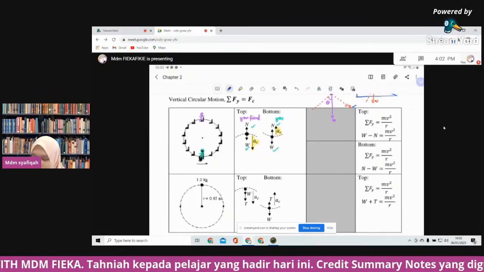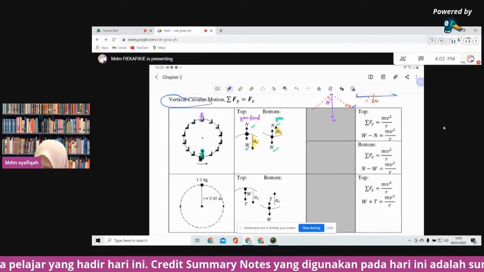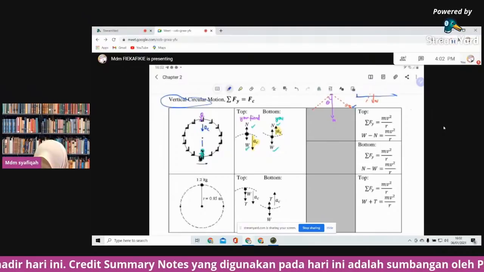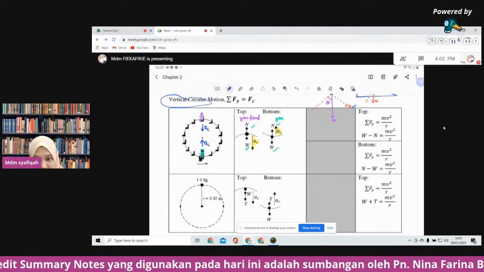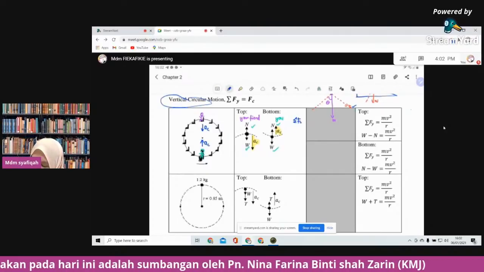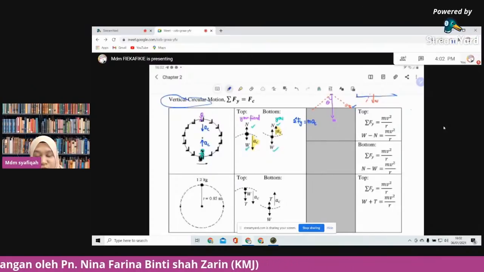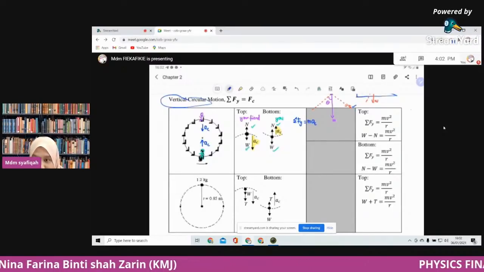Okay. Okay, so now this is vertical circular motion. The centripetal acceleration is in this direction. Okay. So we must write total Fy equal to MAC. Bukan total Fx, total Fy.